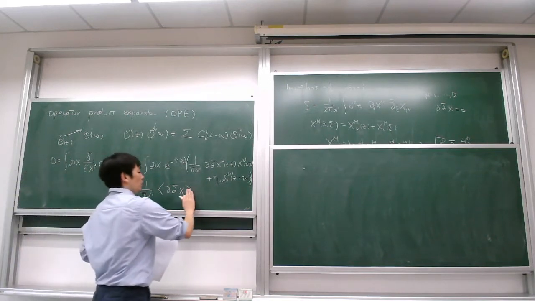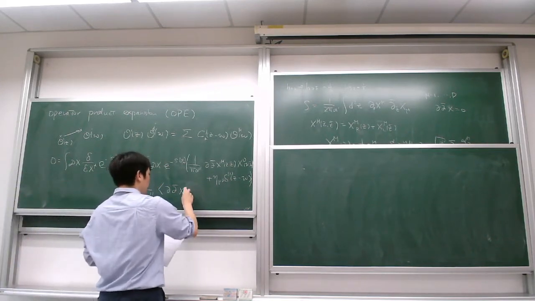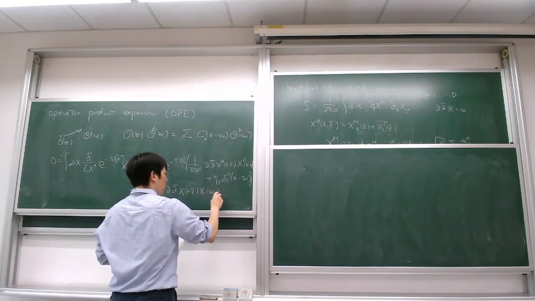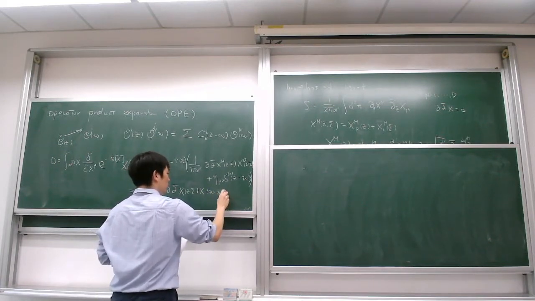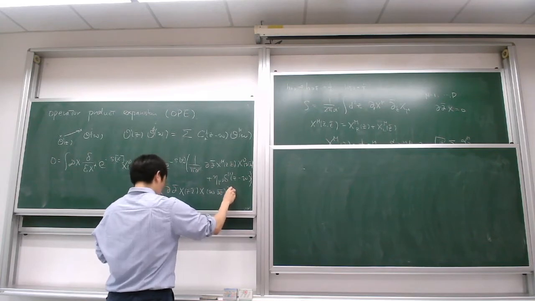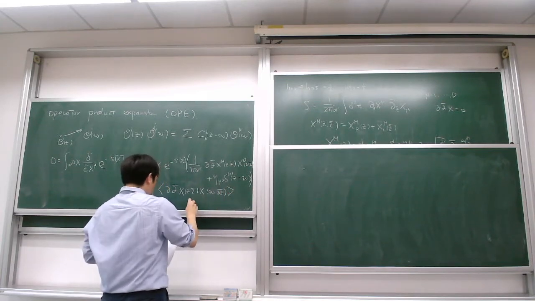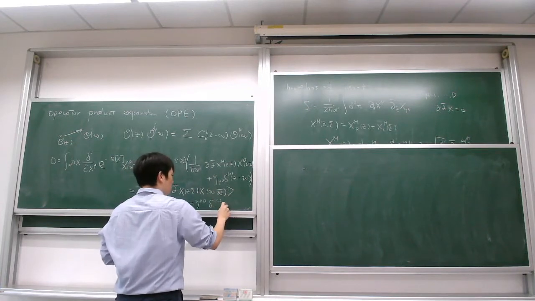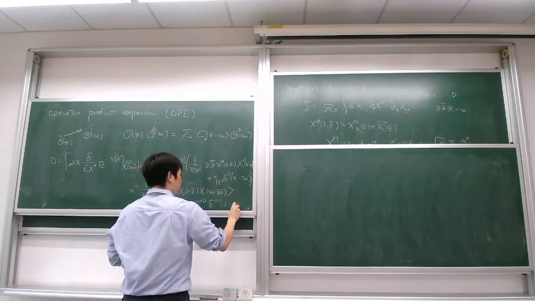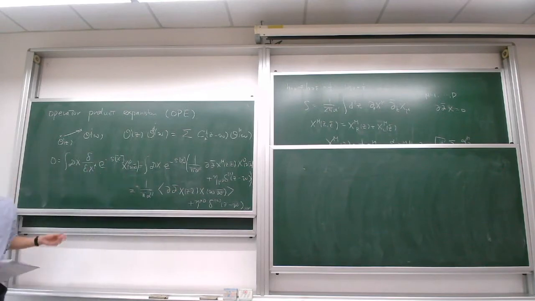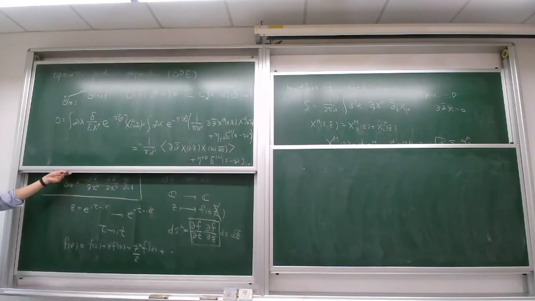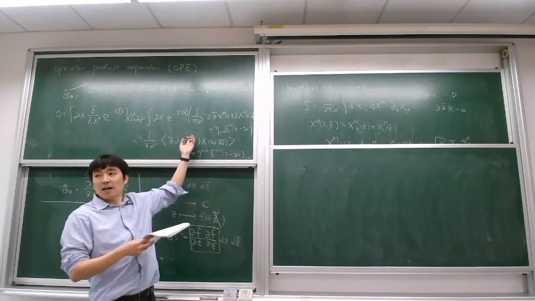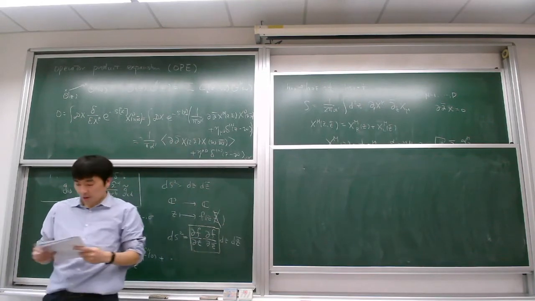Here it will change to something like X(z, z̄) and X(w, w̄), and the delta function is just a c-number. So that's what you get. This is the path integral version of the equation of motion. It's a very simple thing to do.